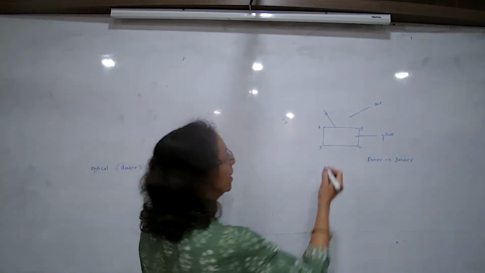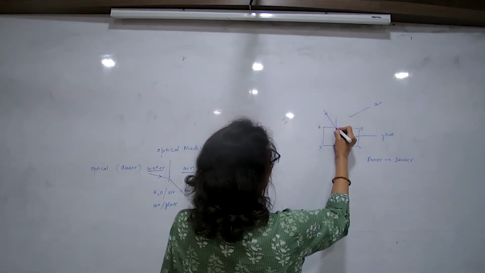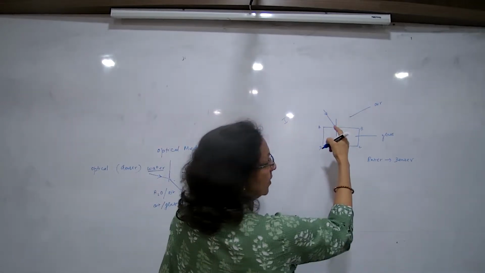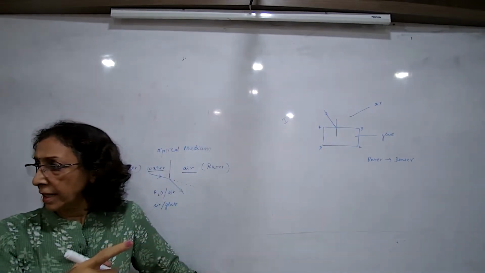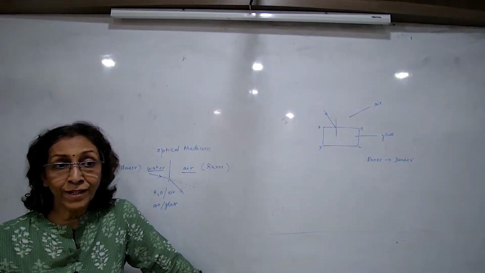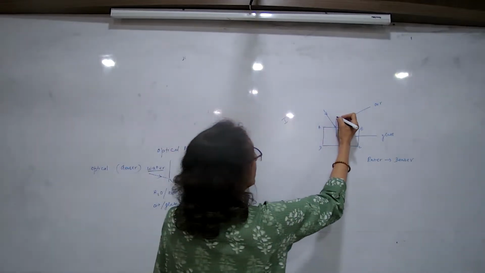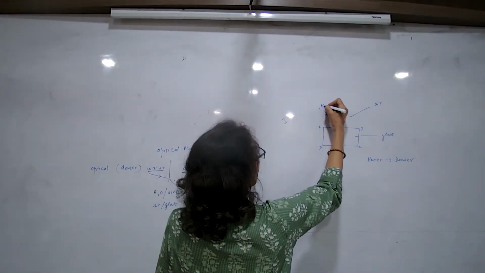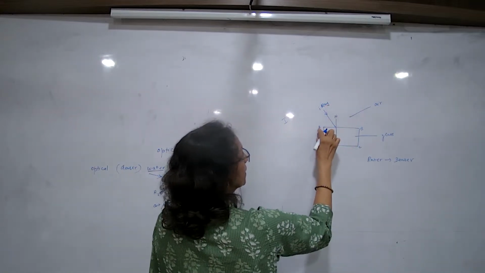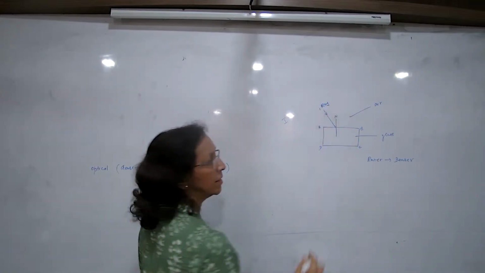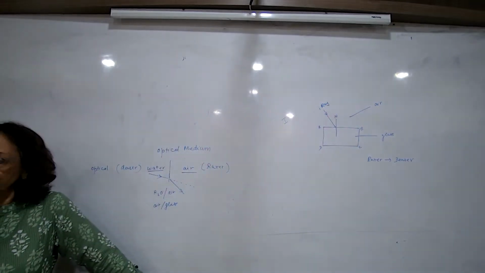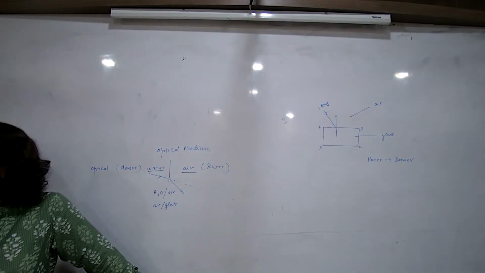Now what is the normal? Normal is a line which is drawn at the interface at the point of incidence, right? Where do you find your angle of incidence? Is it between the normal and the incident ray, or is it between the glass slab and the incident ray? Everybody knows that, yes?